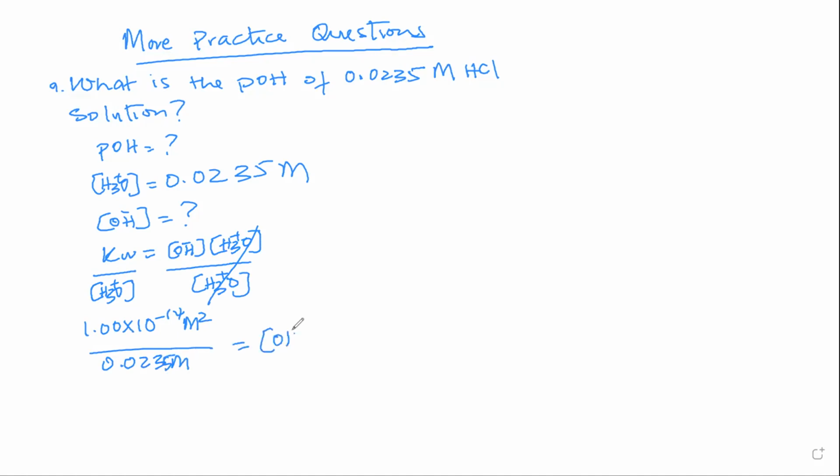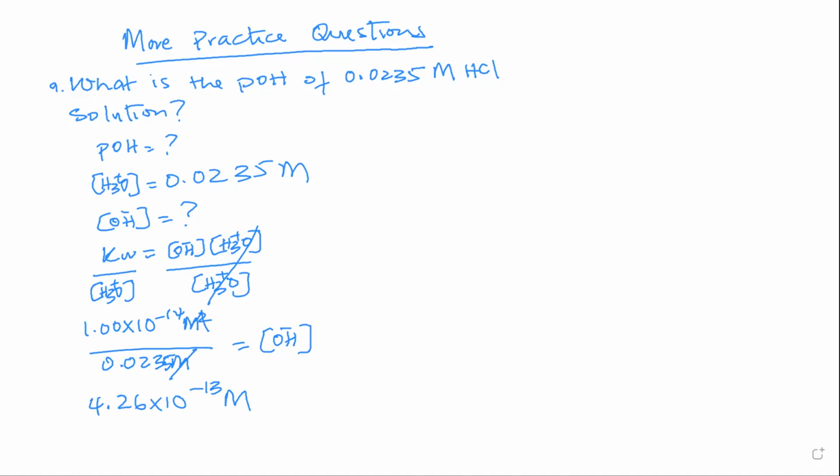That's what this is equal to. This crosses out this. So this will come out to be 4.26 times 10 to negative 13 molar of hydroxide ion.